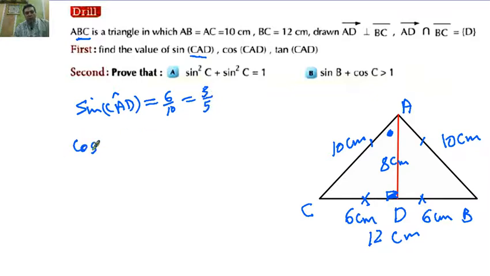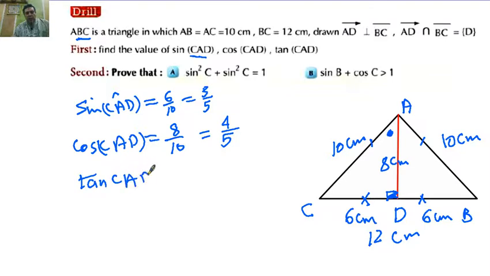Cosine CAD is adjacent over hypotenuse, 8 over 10, simplified equals 4 over 5. Tan angle CAD is opposite over adjacent, opposite 6 over adjacent 8, simplified equals 3 over 4.